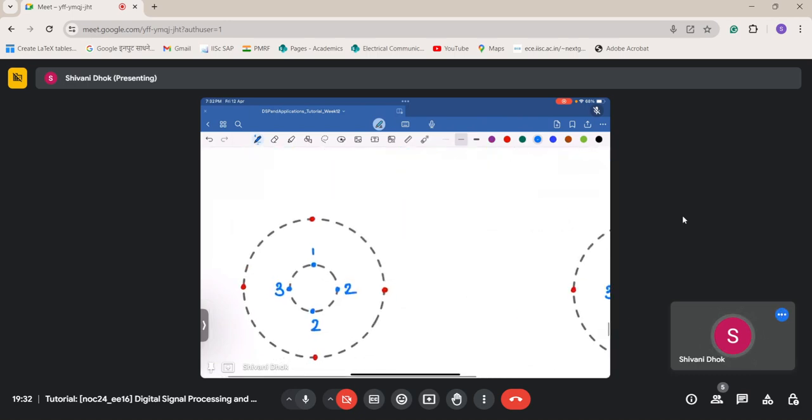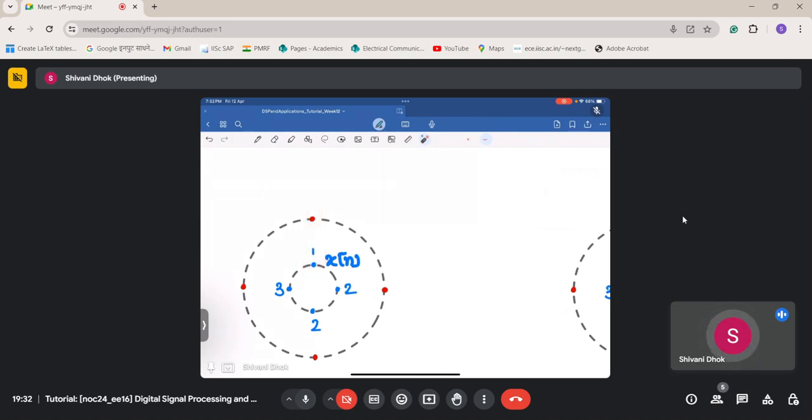So what we will do is arrange x of n in a circular manner, like this. Then we will arrange the other signal. Let's say I have x of n circularly convolved with h of n. So I'll arrange that h of n. This is x of 0, so I'll start from here.